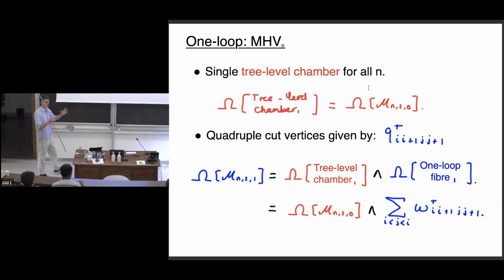Now I can take a null polygon in this chamber, compute its one loop fiber, and look at its set of vertices. It turns out the set of vertices take the form Q plus II plus 1, JJ plus 1, which brings us to the formula for the one loop integrand. We have the tree level chamber, which is just the entire tree level, and the canonical form for the one loop fiber as a sum over all its vertices.